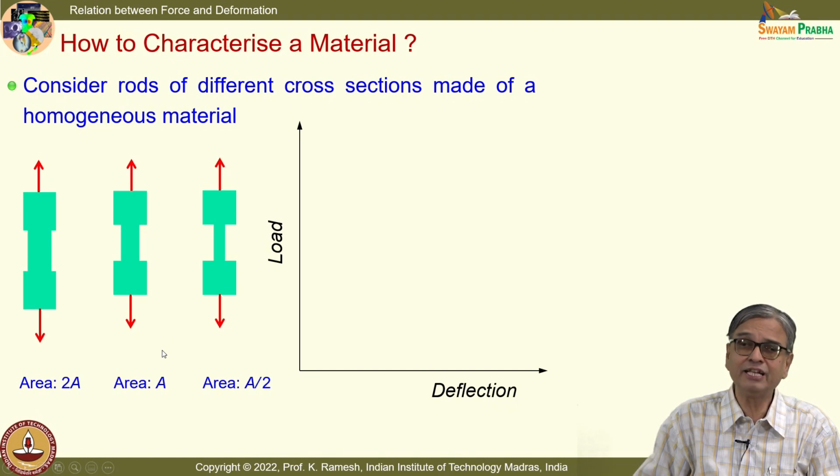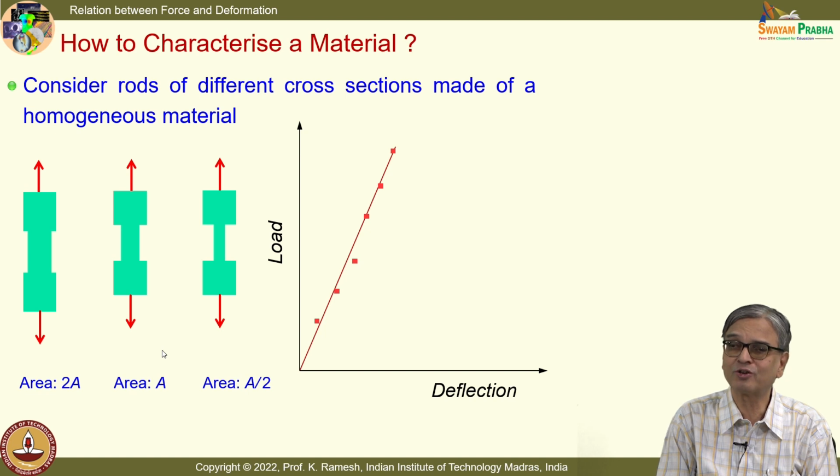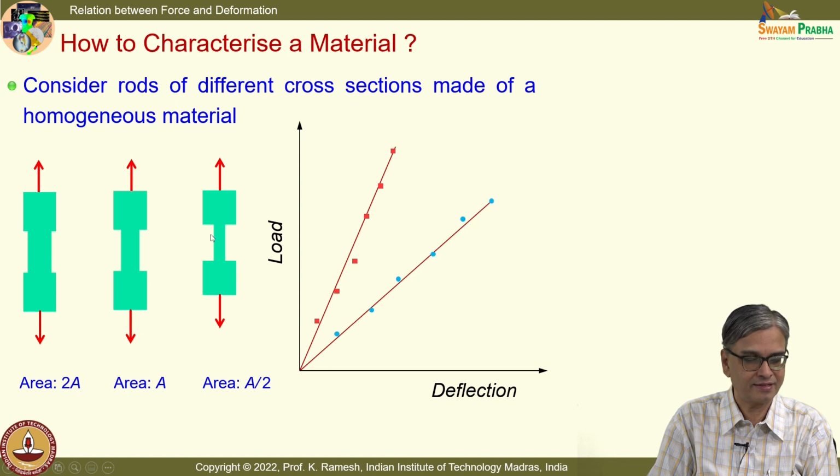And even Galileo found out that it is proportional to the cross section, independent of the length. So, if I have stretched this cross section 2A, which will have the maximum stiffness, fine, and then you anticipate this will have a lower stiffness and this will have the lowest compared to the 3 cross sections that we have taken.